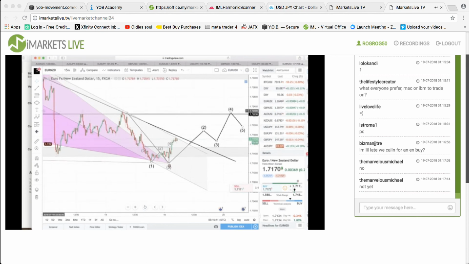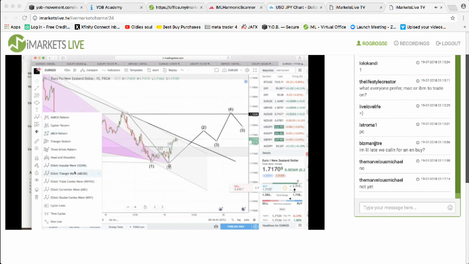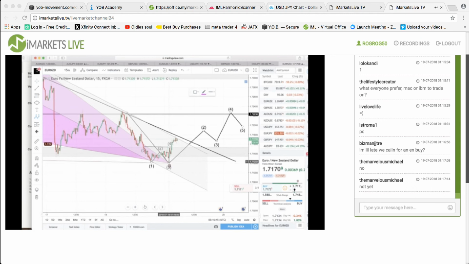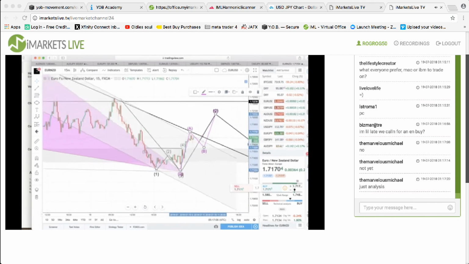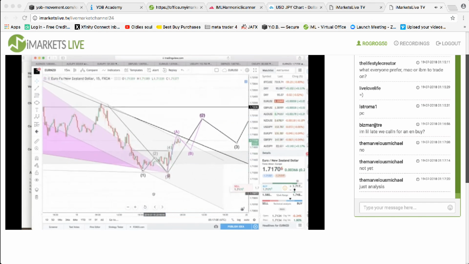Now, at any point in time, if we look at an ABCD correction, okay, we can see the market come here, push right back down to this baseline, reject off this channel, come here, and then push back up to complete our second wave in the market, okay? We can see this happening over and over again in the market, okay?